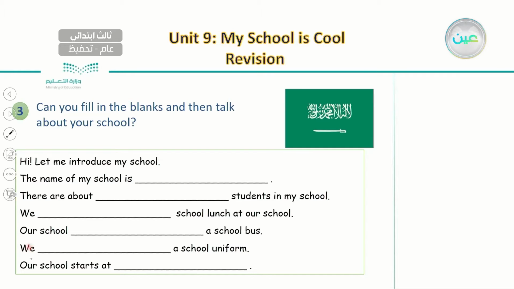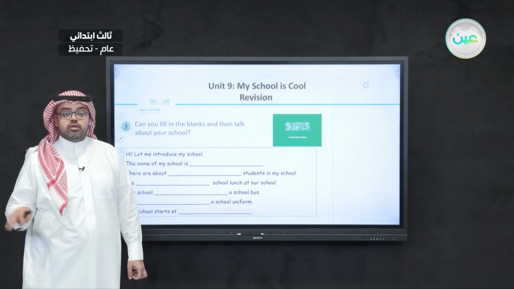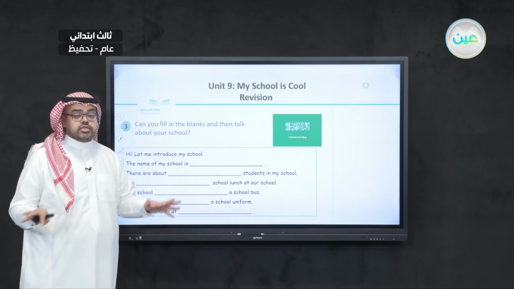Then here you say, we have a school uniform if you do, and if you don't, you can say, we don't have a school uniform. And finally, our school starts at, and then you mention the time. Our school starts at 7 or at 6:30, at 8.